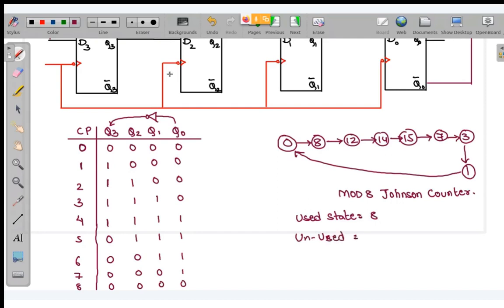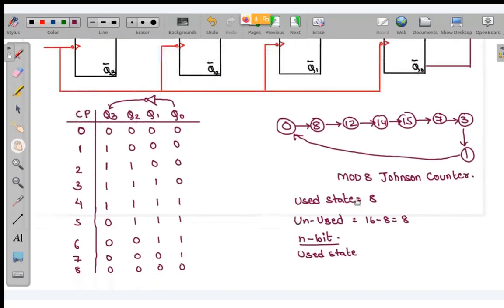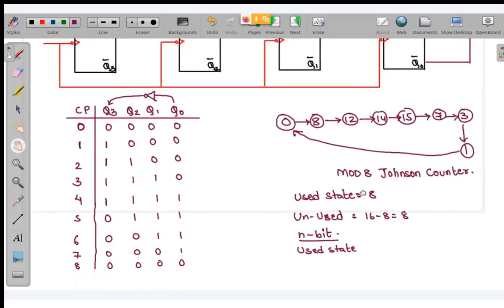The total states that we could have generated using a 4-bit counter is 2 to the power 4, or 16. So 16 minus 8 comes out to be 8. Now if we want to write it for n bits, can you tell me what will be the number of used states for n bits? 2n.